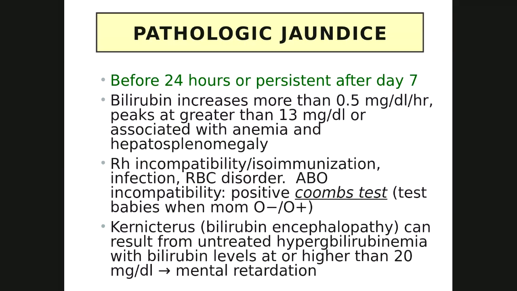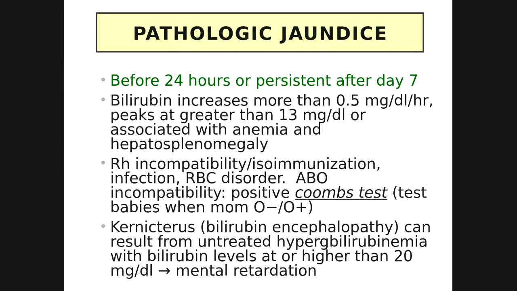So before 24 hours, and it persists after, oh, this is 7 days. I think it's supposed to say 14. The bilirubin increases. This is kind of what was on the previous slide, more than 0.5 milligrams per hour. It peaks at greater than 13, okay? And it's associated with anemia or Rh incompatibility, isoimmunization, ABO incompatibility. So you're going to do a Coombs test on the baby, okay?